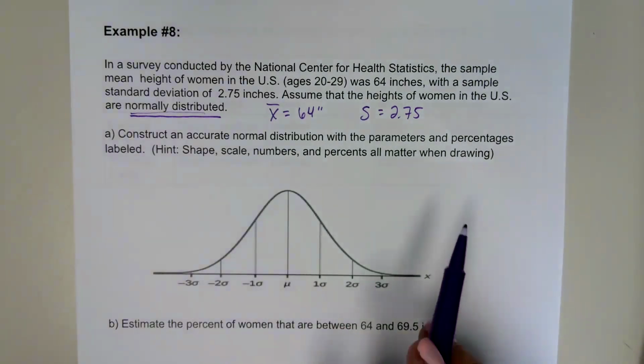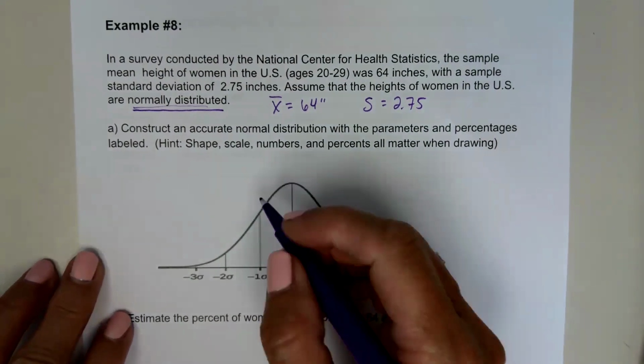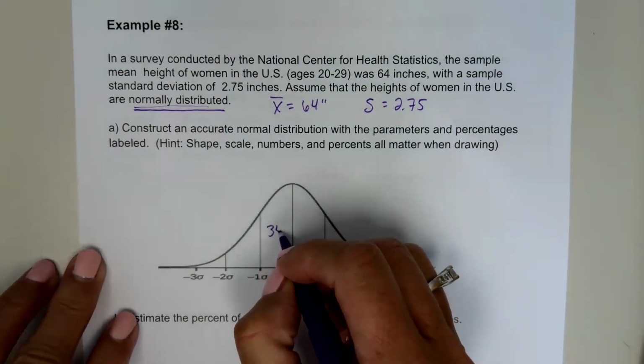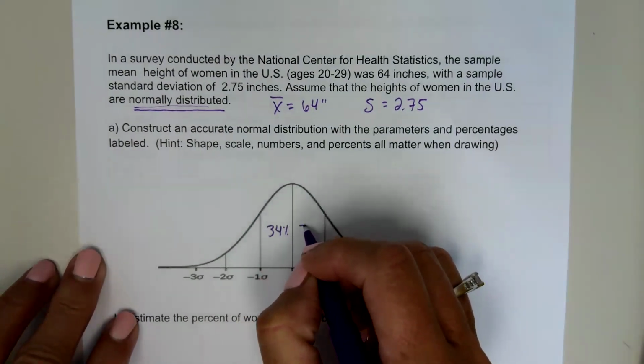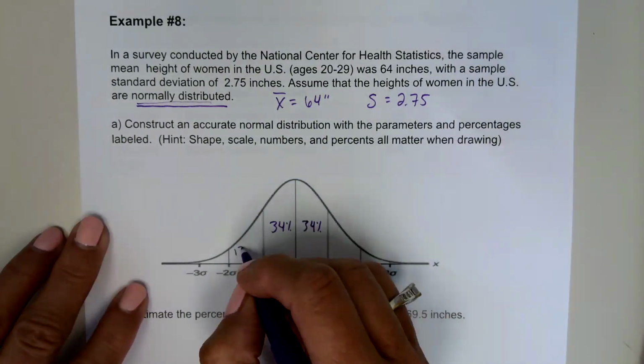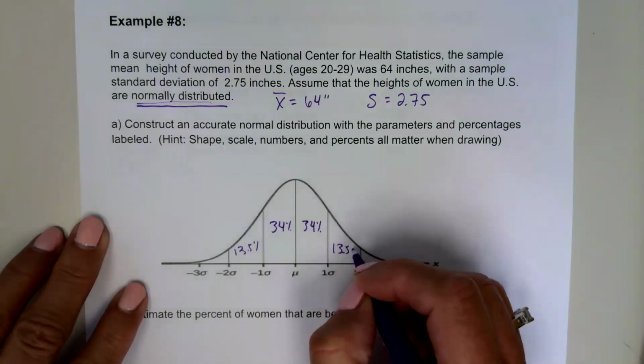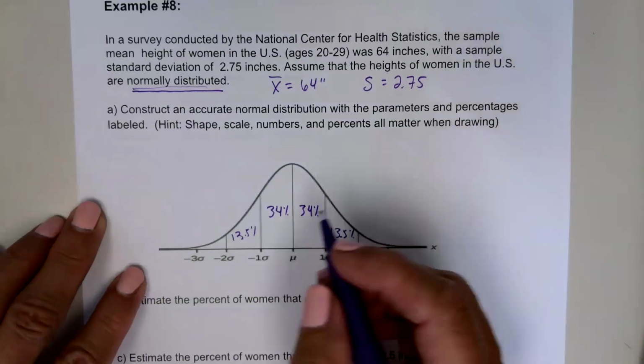And I want you to fill in the parameters, which would be the data values down below, as well as the percentages labeled. So we said within one standard deviation is going to be 34%, and then another 13.5% out to the second standard deviation.